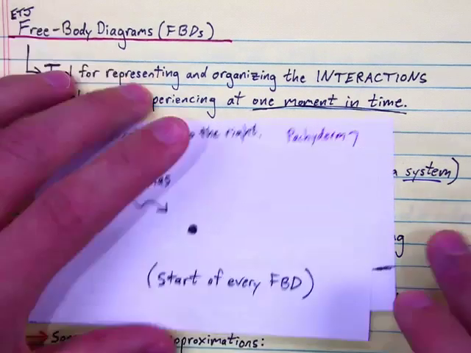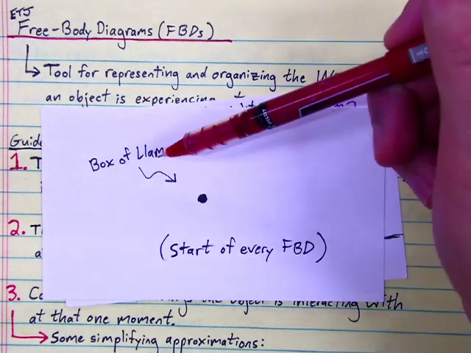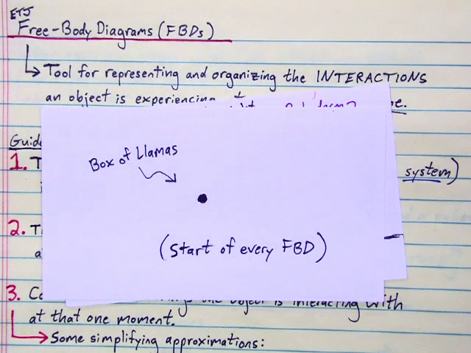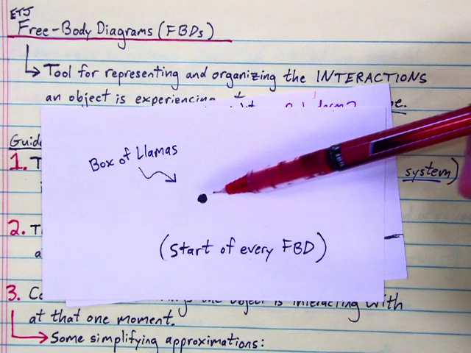So here's the start of this free body diagram and every free body diagram. You can draw a box of llamas if you can draw a dot. You don't have to be a great artist. Every object is just represented as a dot when you're drawing the FBD for that object.